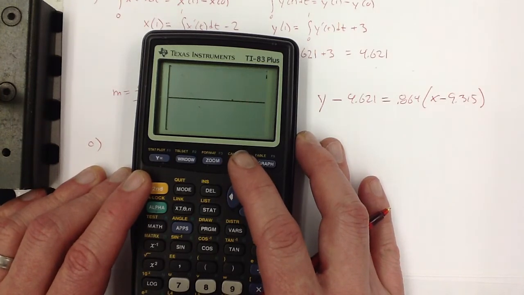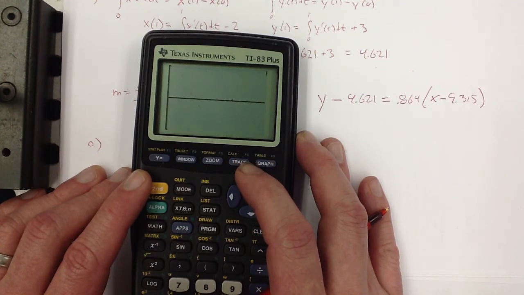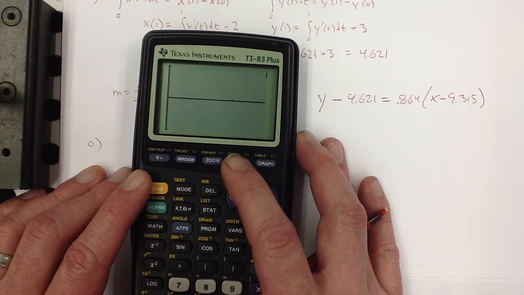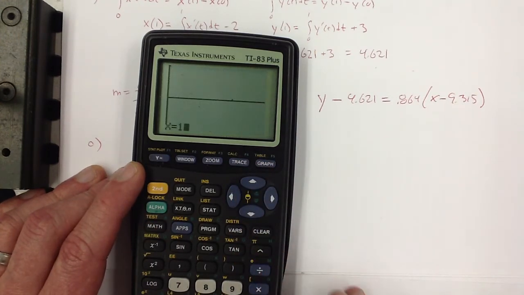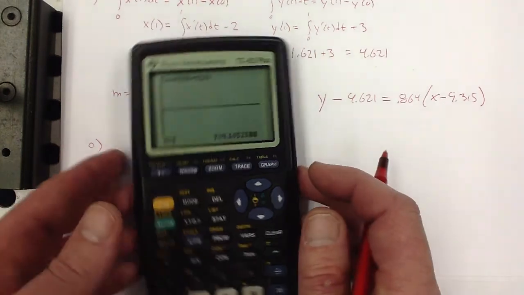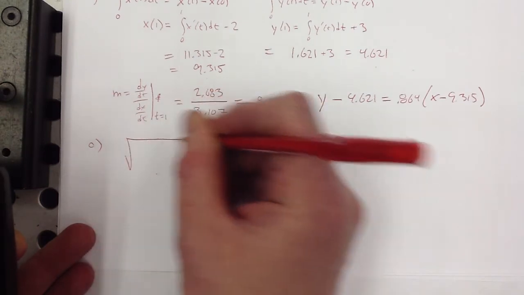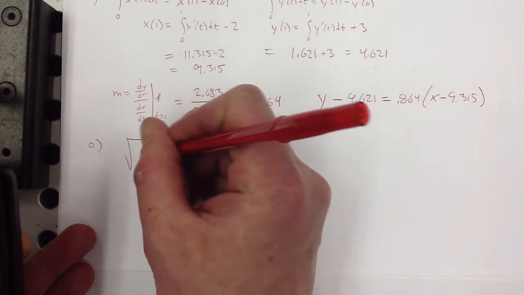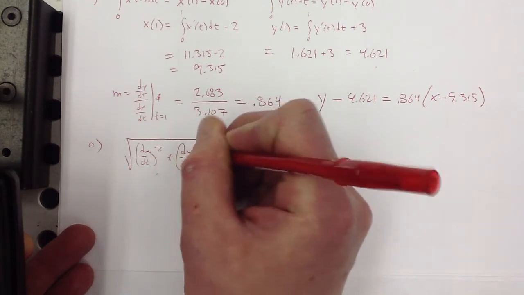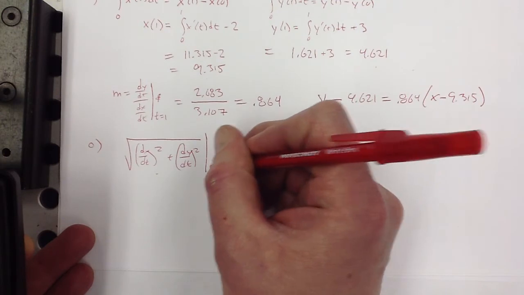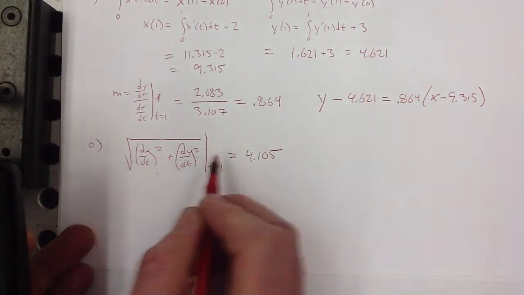That'll give me the speed at time 1. So that's the square root of dx/dt squared plus dy/dt squared evaluated at t equals 1, and that's 4.105. You've got to show this.